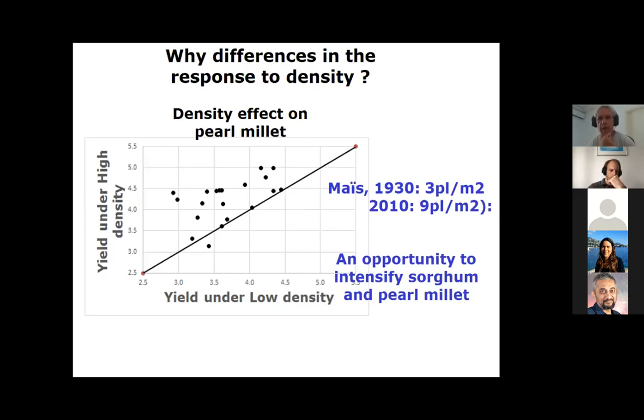And is there a way that we can exploit those genetic differences? We have lines that respond a lot to density and some that don't. Could we exploit those genetic differences to do faster what maize has done over more or less a century of breeding, without any deliberate effort to breed for an increase in density?